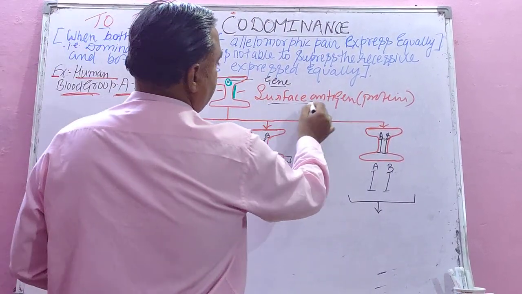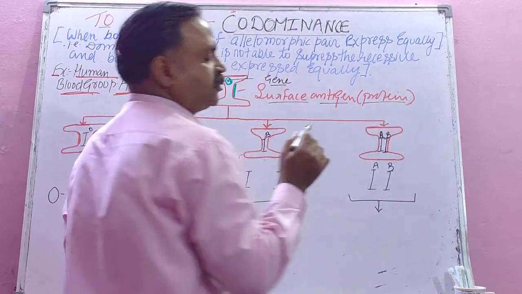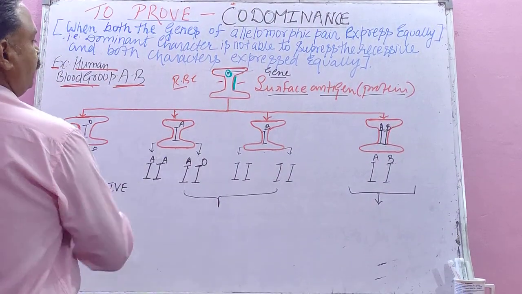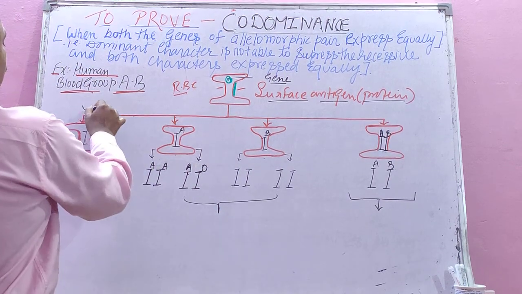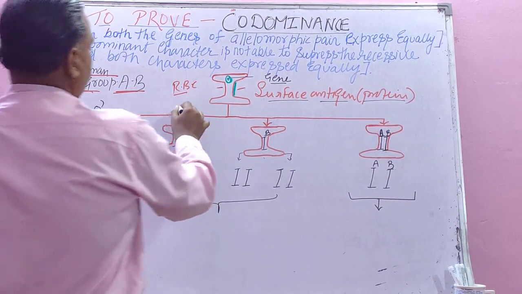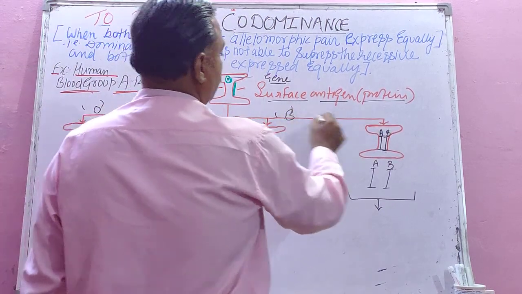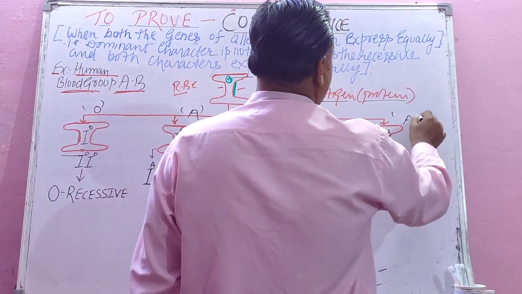This is the surface antigen which determines your blood group. And there are four types, you know very well: O, A group, B group, and AB.